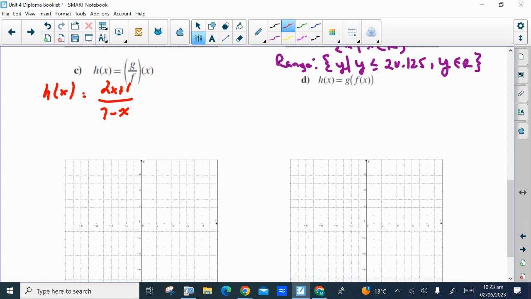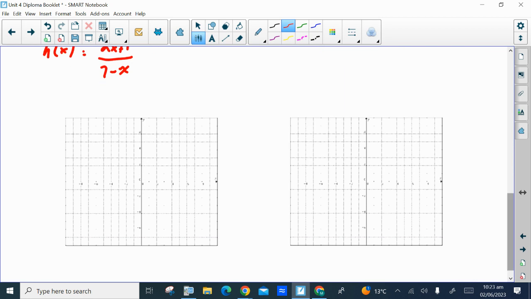Sometimes there's also a point of discontinuity, but those occur, remember, when you have factors on top and bottom that cancel. If those factors contain a variable, that gives you the position of a point of discontinuity. That's not happening here. But we do have a denominator that has a variable. If you let 7 minus x equal 0, then you're going to get x equals 7. That's where our vertical asymptote will be, at x equals 7.